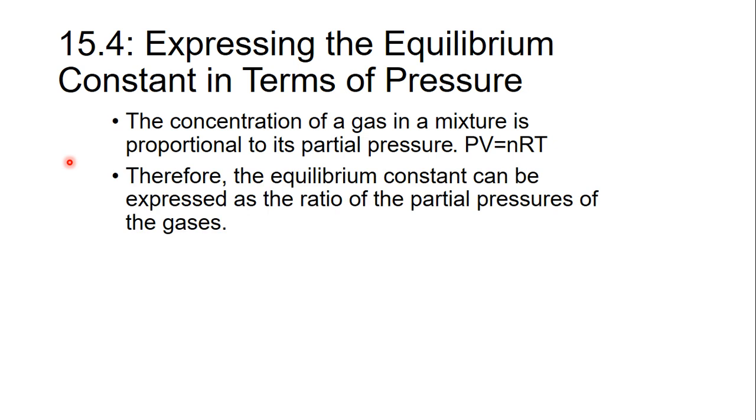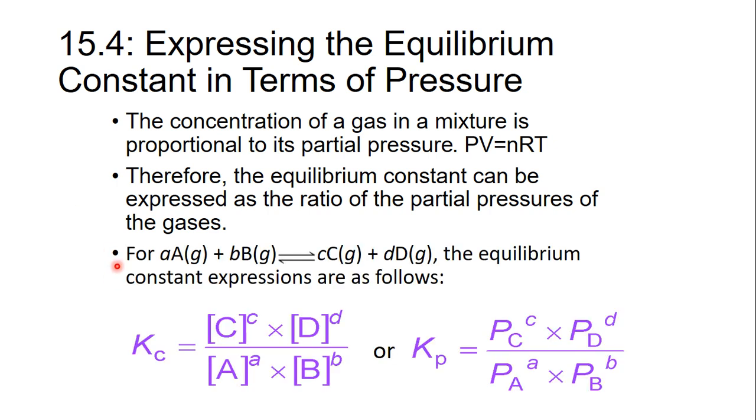Now, for gases, the way we measure something is through pressure. So that's how we relate concentration, is through pressure. And so if we have our Mach equation, again, A plus B goes to C plus D, and it's reversible, we know that the equilibrium equation for liquids is C times D divided by A times B, all concentrations, and all raised to their stoichiometric coefficient.